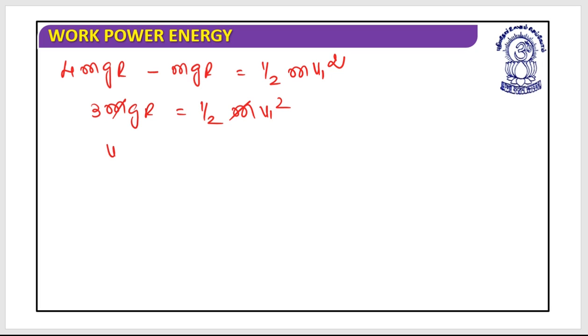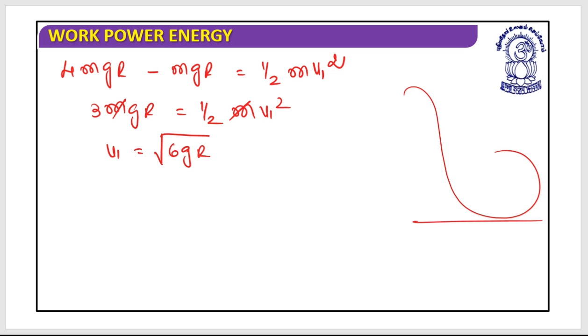So 3mgr equals half m v1 square. The m has gone, and v1 square should be equal to 3 into 2, so v1 is root of 6gr. So this was the situation: h is equal to 4r, at this location the velocity would be root of 8gr, and now at this location it is root of 6gr.